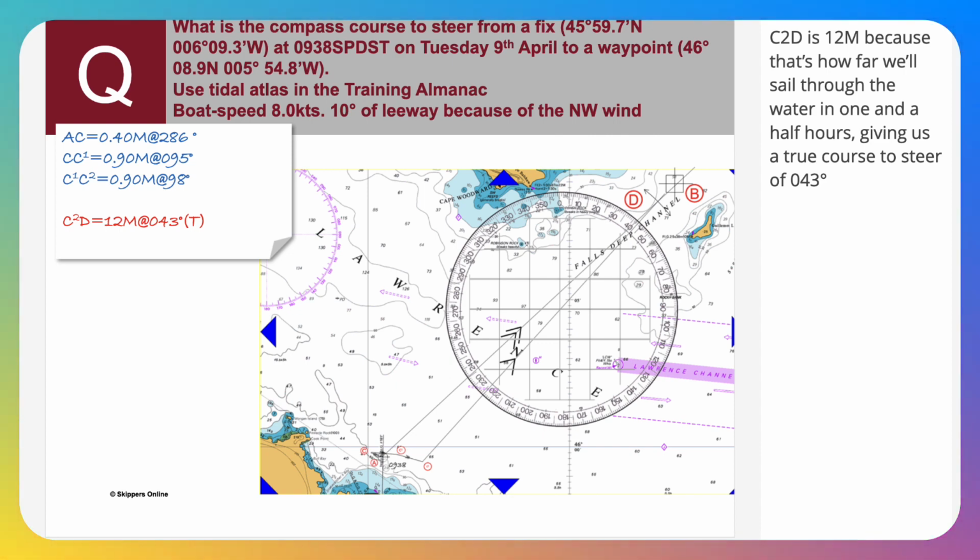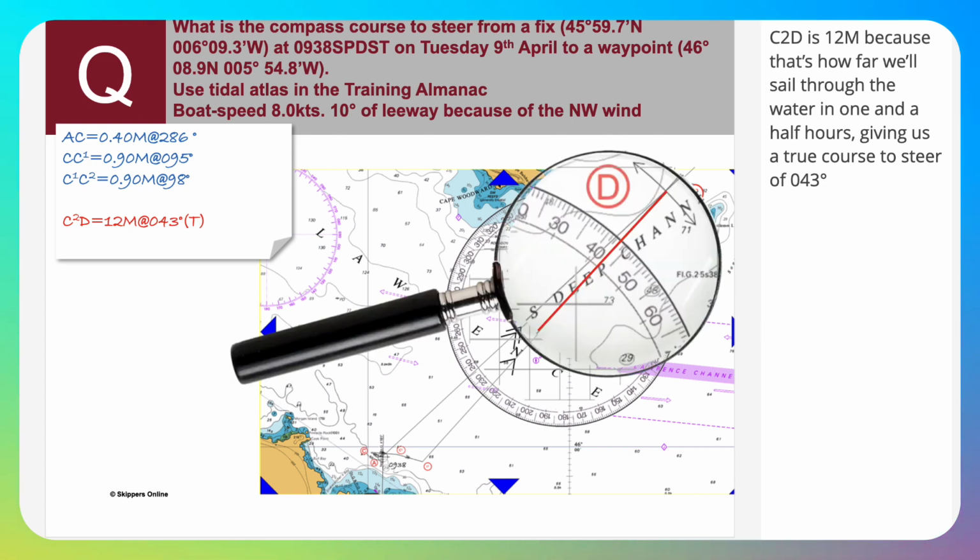C2D is 12 miles because that's how far we'll sail through the water in 1.5 hours, giving us a true course to steer of 043 degrees.